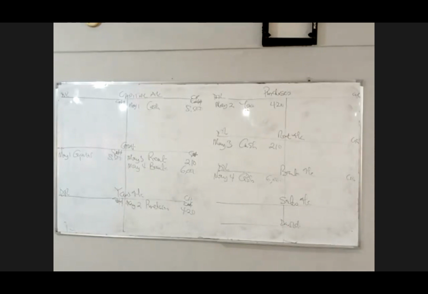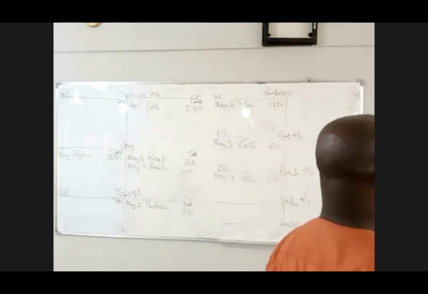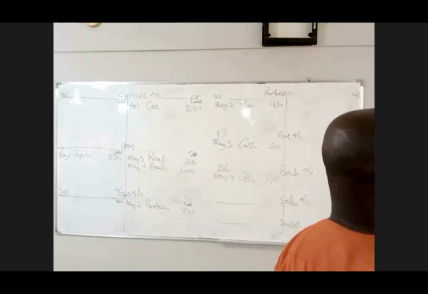So we are saying that the transaction undertaken on May 5th, slide number 23, is that goods were sold on credit to David.